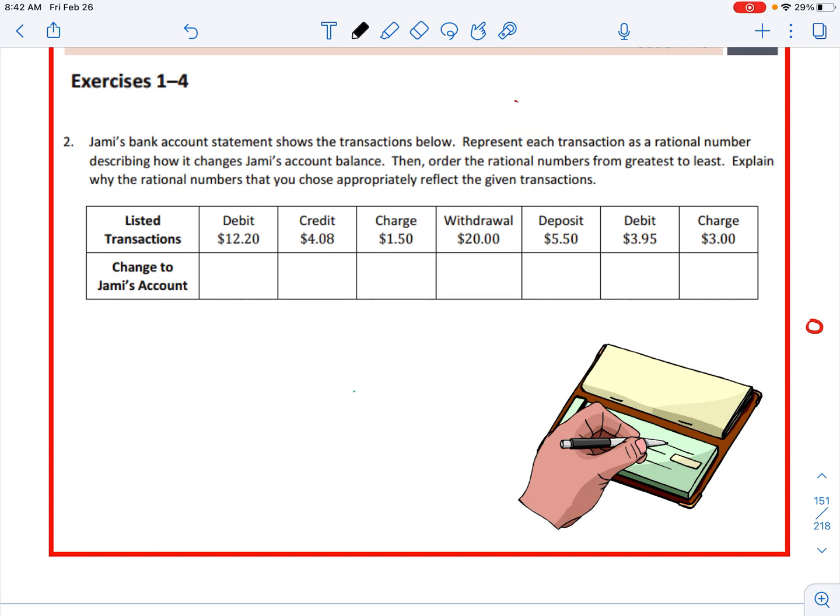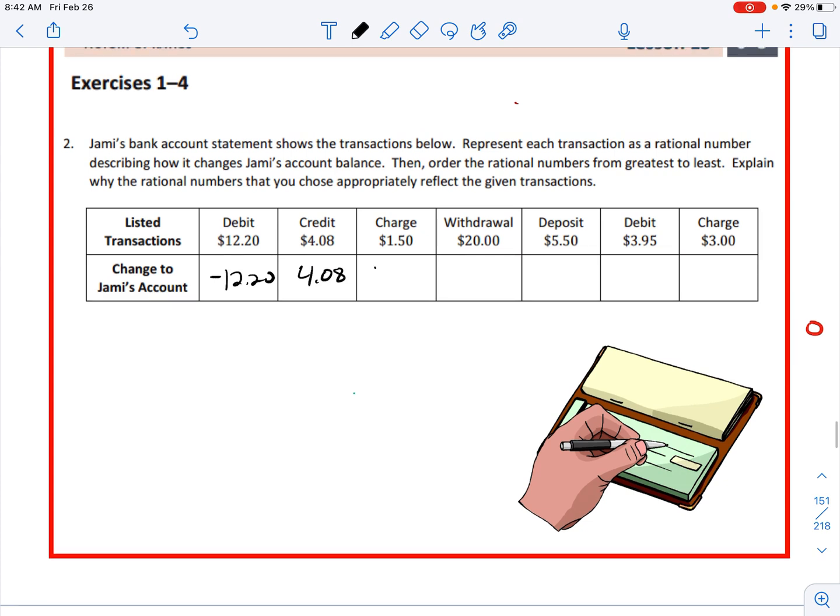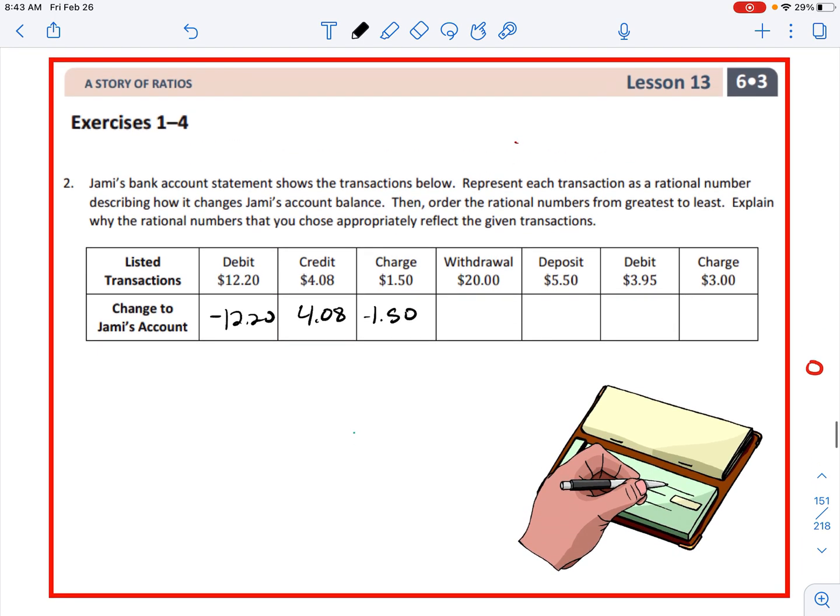Okay, so a debit, remember, is negative, so this is going to be negative $12.20. Credit is positive, $4.08. A charge is negative, negative $1.50. A withdrawal is when you take out, so this is negative $20. A deposit is when you put money in, so it's positive $5.50. Debit is negative, and a charge is also negative.